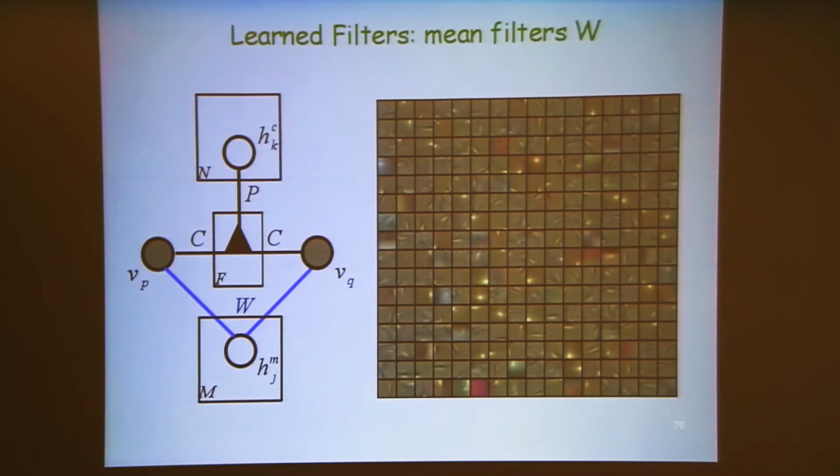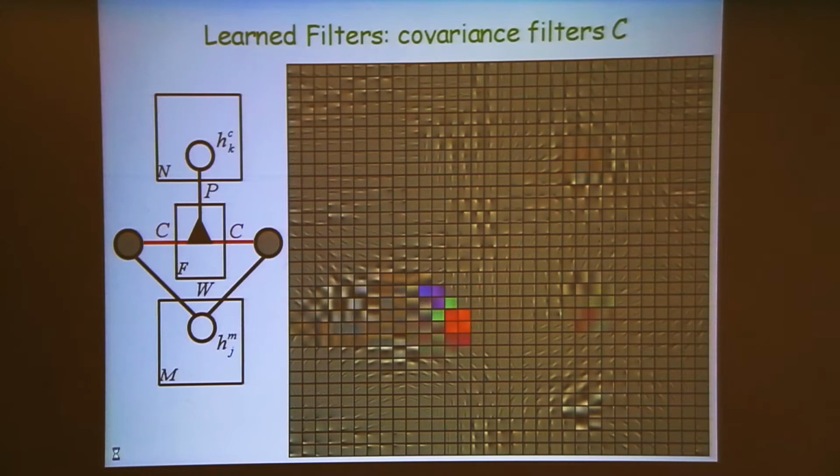Whereas if we look at these filters here, a gabor says that a pixel here tends to be darker than a pixel here that tends to be brighter. So this is about mean intensity, while this is about correlation. Although they look similar, they do very different things.